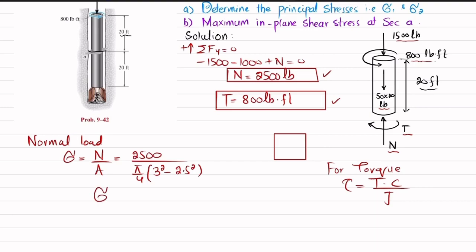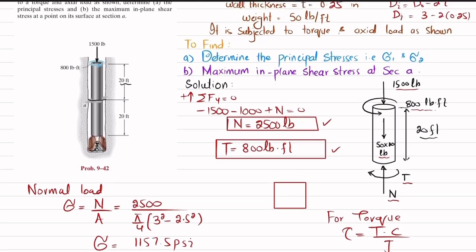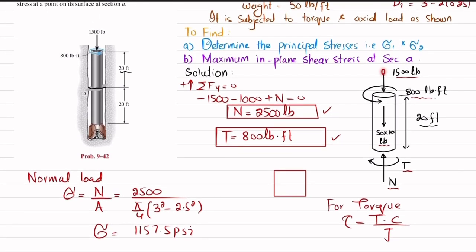So when you calculate it, you will get the normal stress comes out to be 1157.5 psi. Also you can see that this load is downward, this is also downward, and this is upward, so it will cause the compression. So compressive stress is taken as negative, so I will write minus sign with it. So this is compressive.